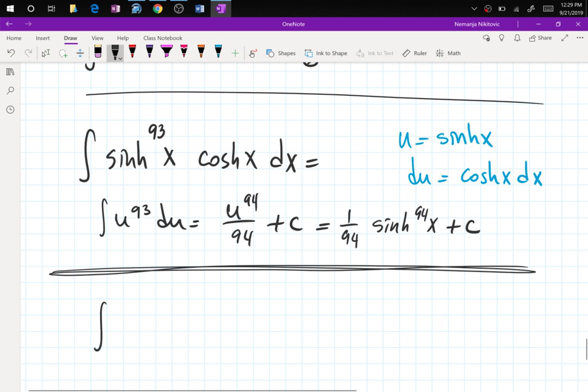All right, one more. Integral of tangent hyperbolic x. Why, disappointed? Because if I put a cube over there, you're not going to like it.